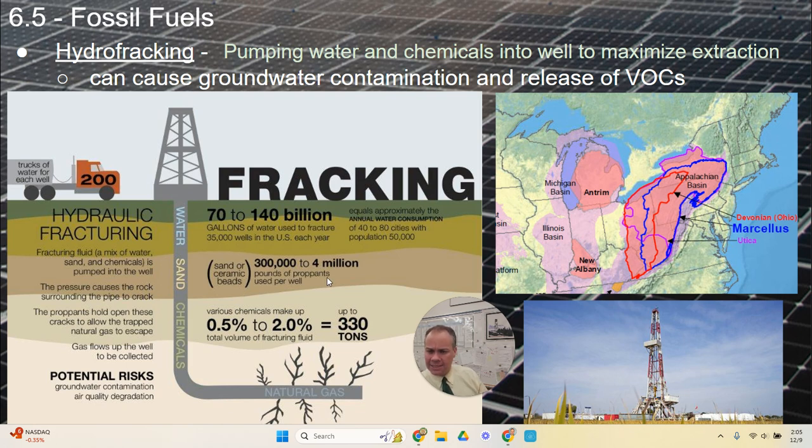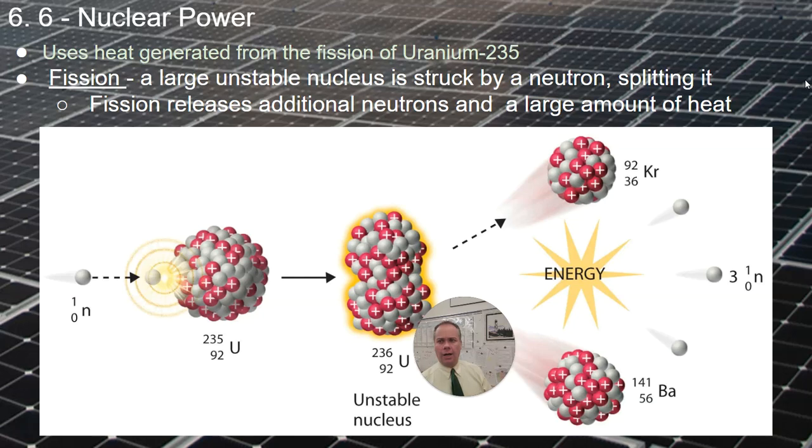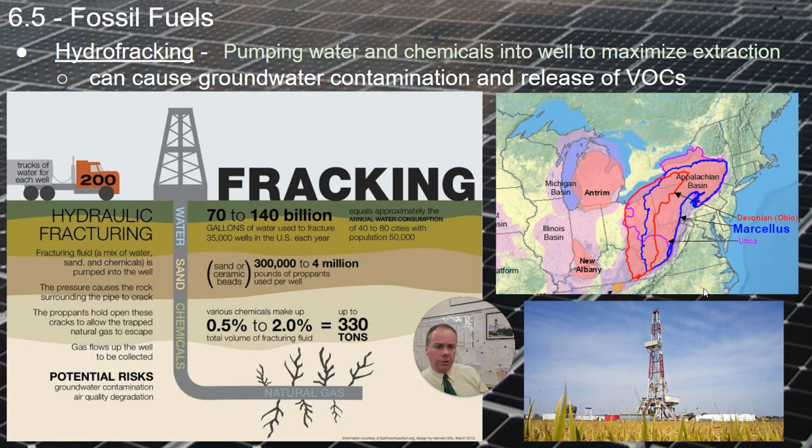Ceramic beads sometimes, sand, are added to this water to keep those cracks open. And then there's various chemicals that are added to this fluid. These are proprietary recipes that different companies use, and they don't have to divulge what's in this fracking water that they're pumping into the earth.